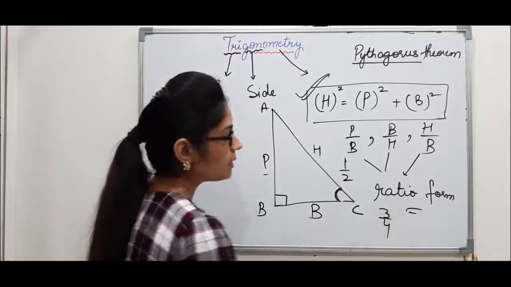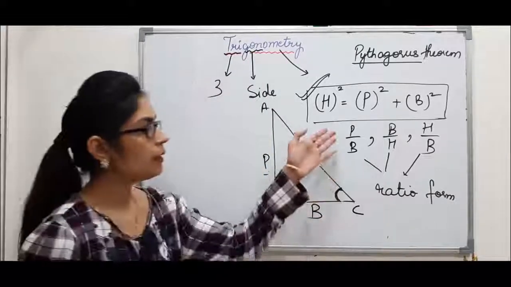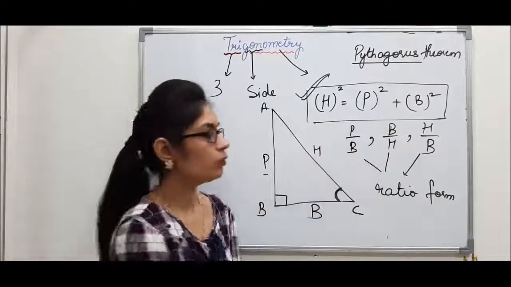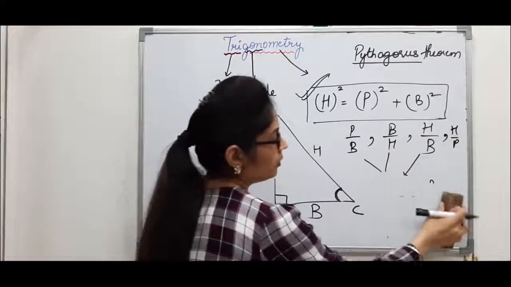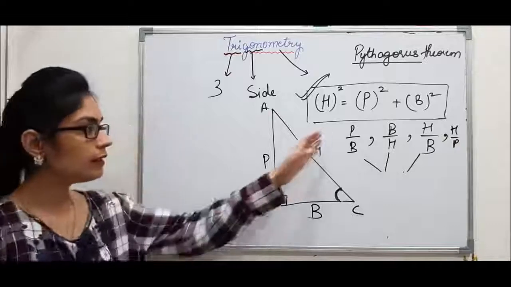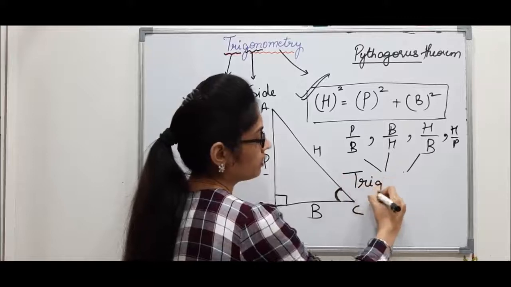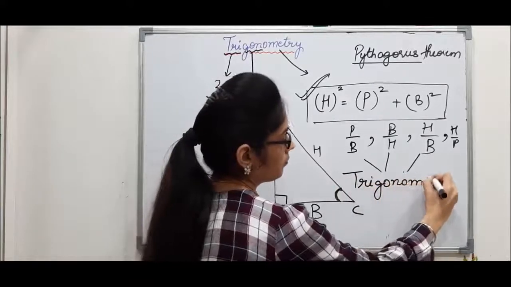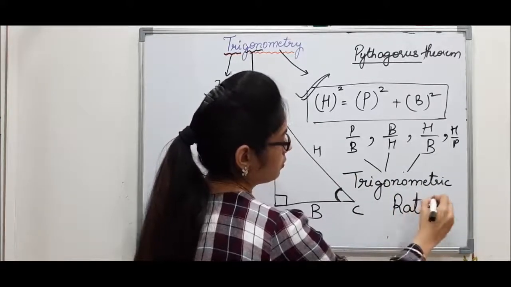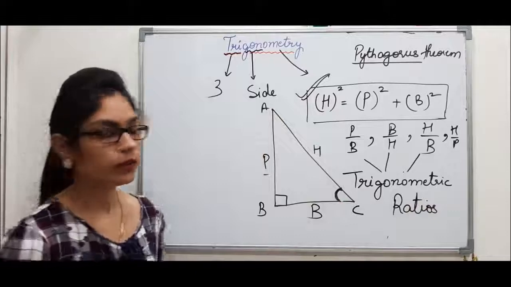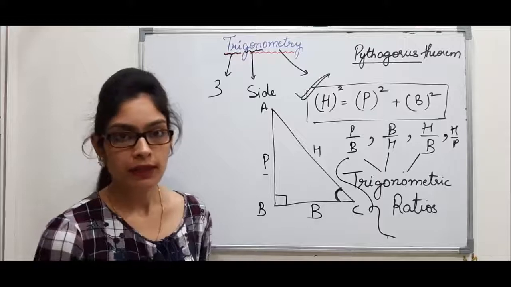Same thing I have done with the three sides of the triangle. You can see P by B, B by H, H by B, and I can write H by P also. These ratios of the sides of a right angle triangle are known as trigonometric ratios.